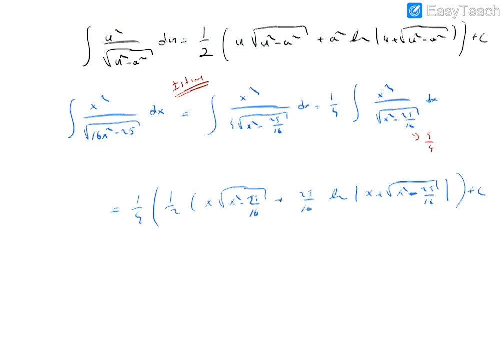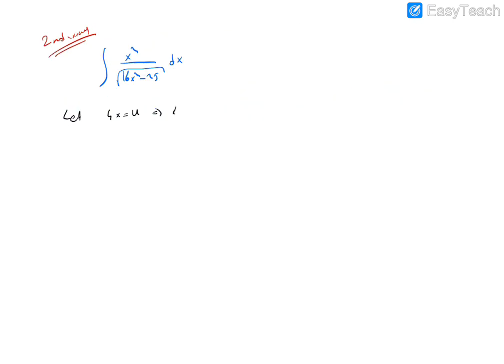In the formula we have u square, okay? So this implies 4 dx is du. So du is dx over 4. So this integral equals, instead of the x, we should write u over 4. Okay? So instead of the x, I wrote u over 4.